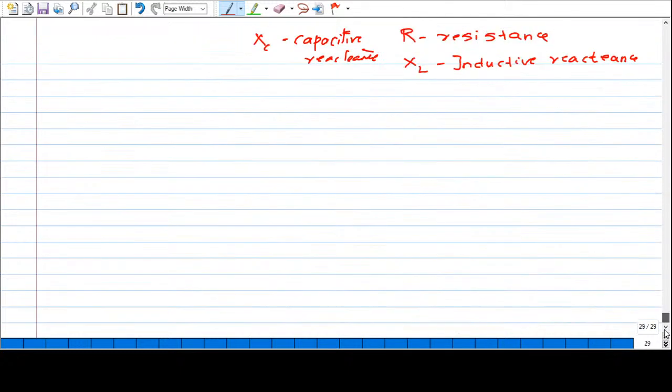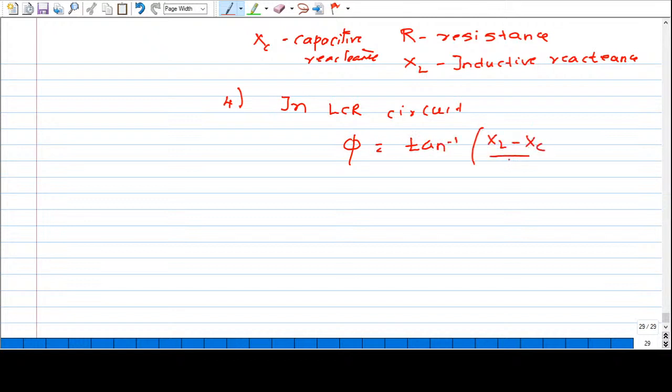Next, let us go for formula number 4. In LCR circuit, phi is equal to tan inverse of XL minus XC by R. Next, formula number 5.